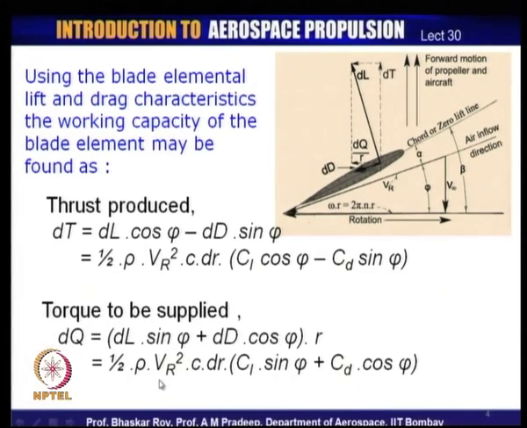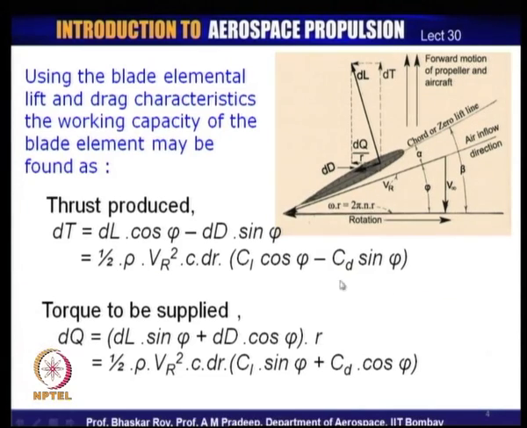Again, if we write it in terms of the fundamental aerofoil characteristics, we can write half rho V_r square, c again is the chord, dr is the elemental length of the elemental blade, C_L is again the characteristic, and phi is the flow angle, C_D is the characteristic, and phi is the flow angle.